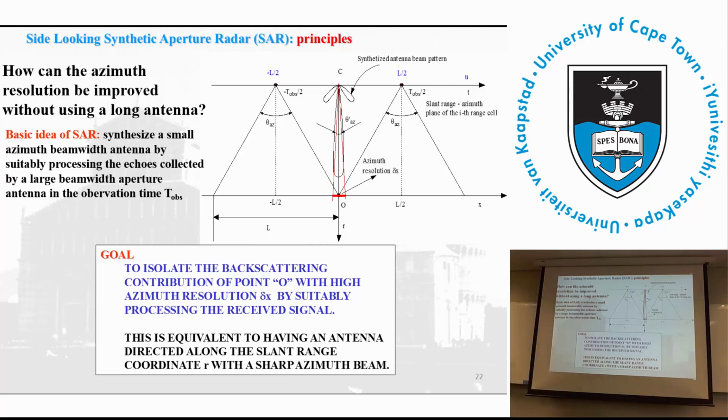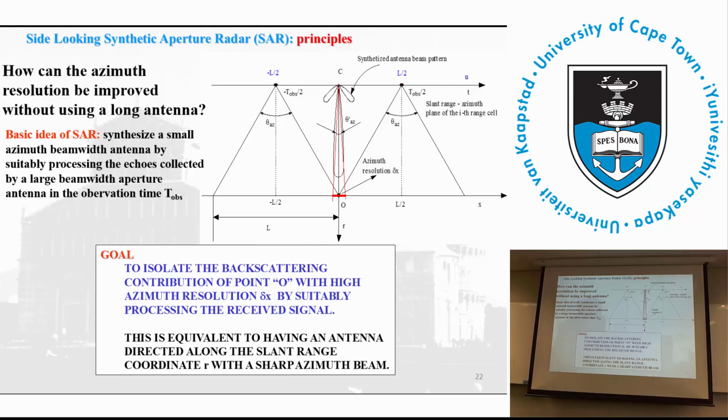So basically we want to form a virtual beam by coherently processing all the signals that are collected during all this flight from here to here. As you can see, this is signal processing, because I'm collecting data and processing it to obtain something.